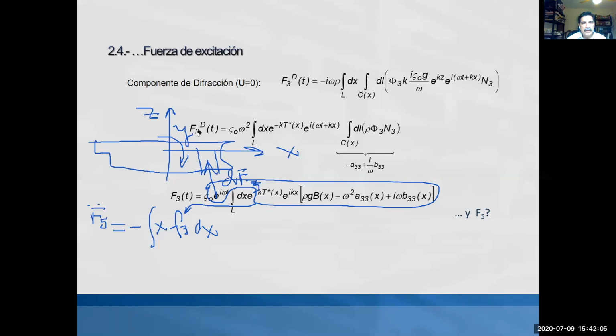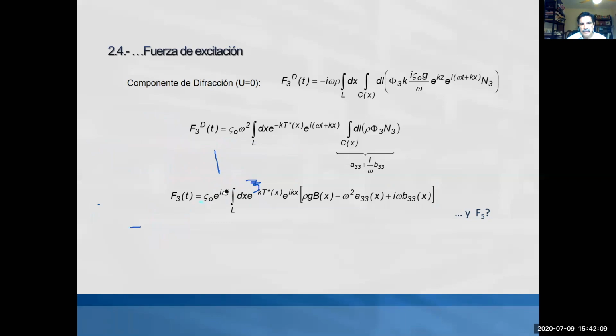So that's the final expression in this transparency. You have an X here and a negative here, and the rest is the same.